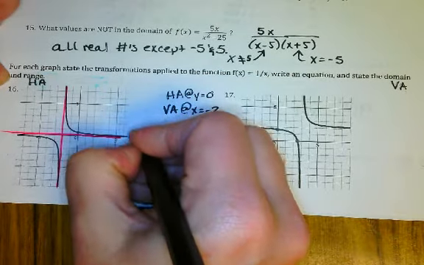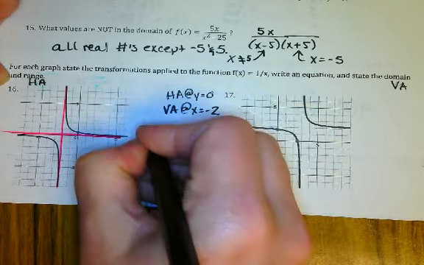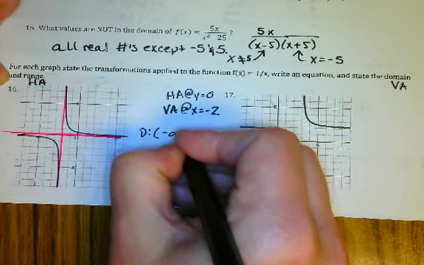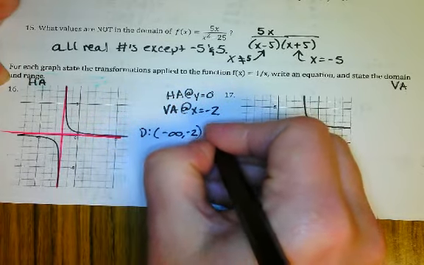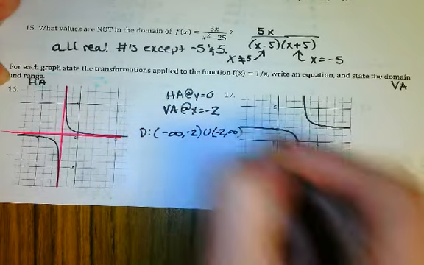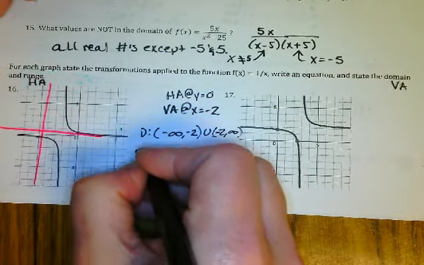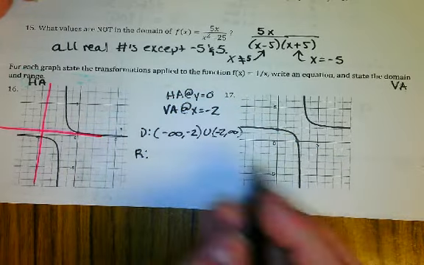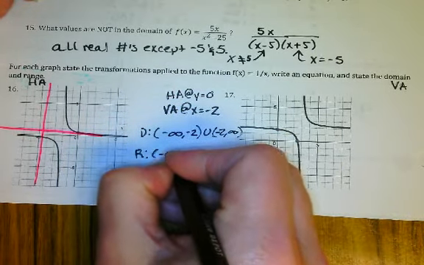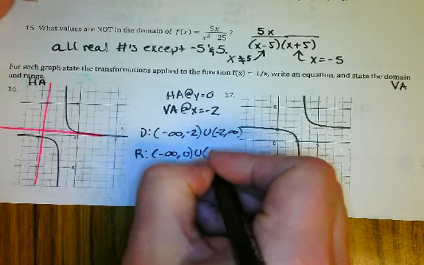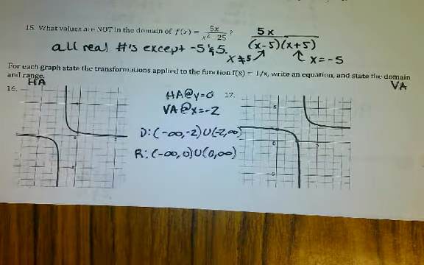So if I write my domain, remember this would be for the domain because it's an x value. So the domain is negative infinity to negative 2, and then negative 2 to infinity. And then my range, again, is the part of the horizontal asymptote because it's a y value, would be negative infinity to 0, and then 0 to infinity.